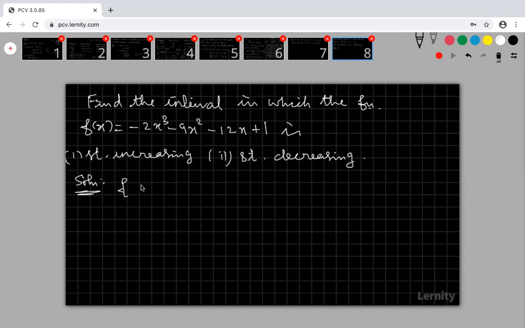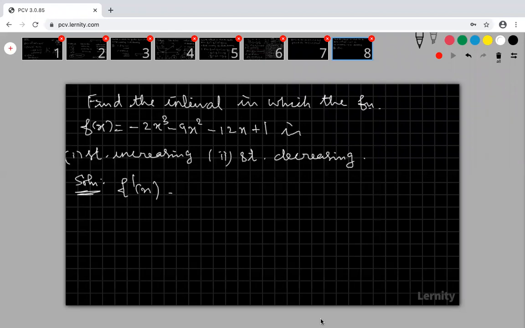Okay, find f dash of x. Simplify this. What is your f dash of x? Take f dash of x is equal to 0. Find the points. Simplify that. Try this problem.